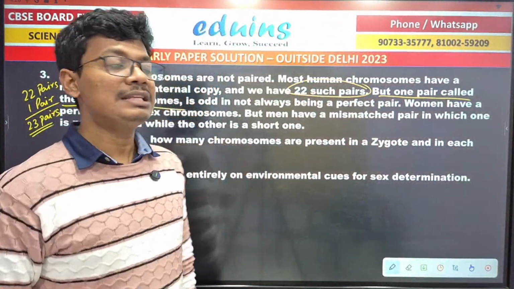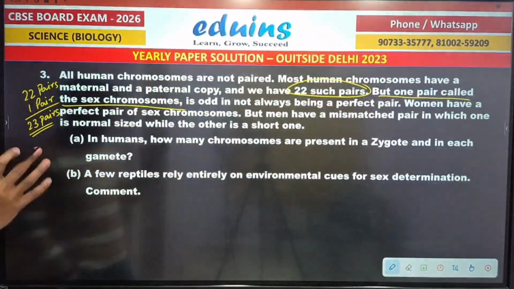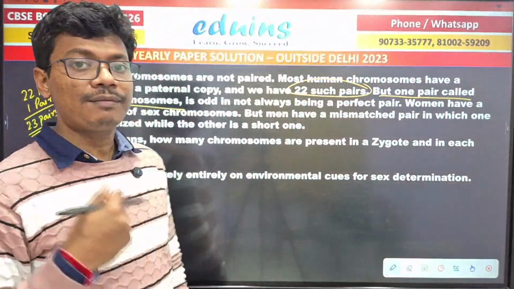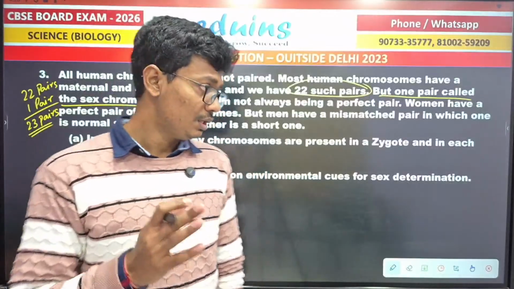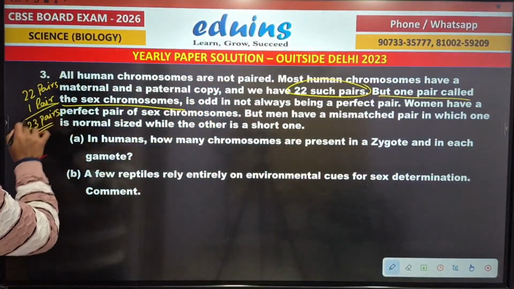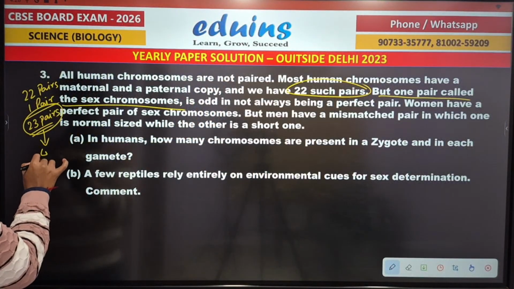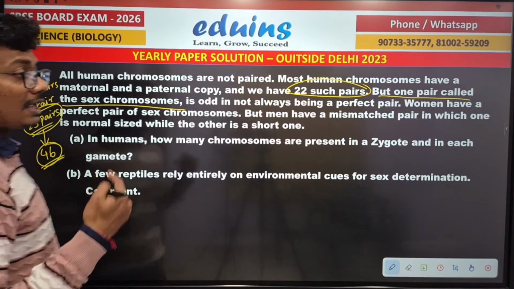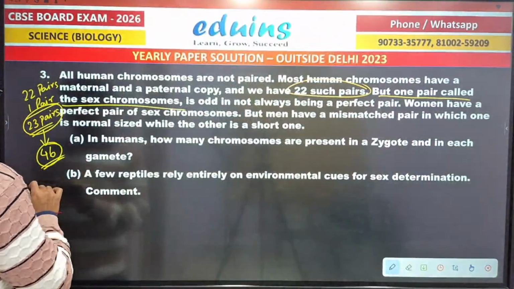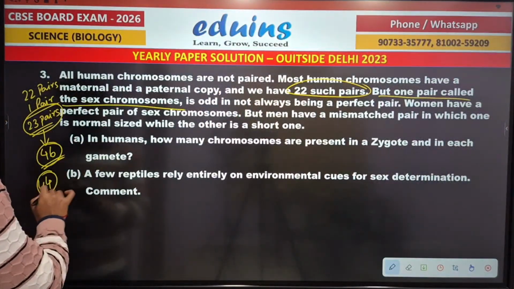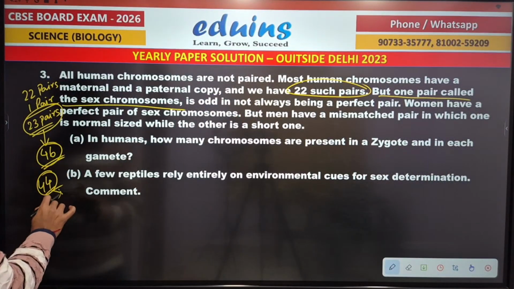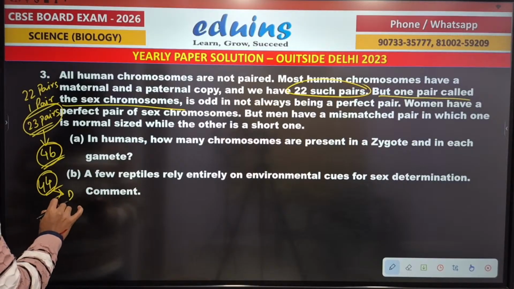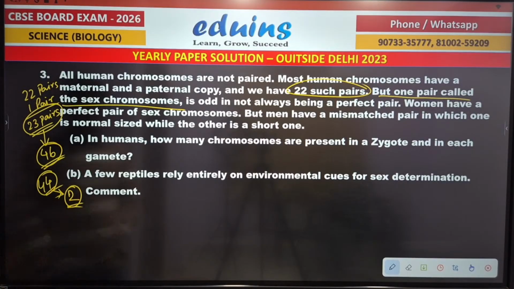So first, how many chromosomes are present in a zygote? The zygote is the cell formed by the fusion of male and female gametes. So these 23 pairs mean 46. In our body cells, the chromosome number is 44 plus one pair of sex chromosomes.